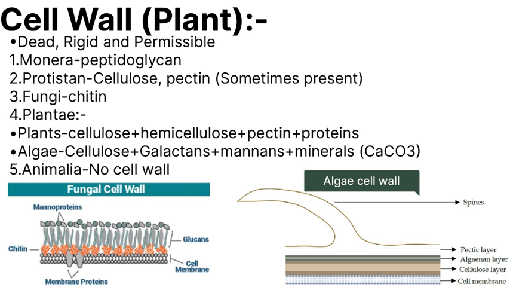In fungi, you already know that the wall is made up of chitin, which is a polymer of NAG plus NAM. And in the algae, they are mainly composed of cellulose as the main component, then galactans, which are polymers of galactose, mannans, which are polymers of mannose, and minerals like calcium carbonate.